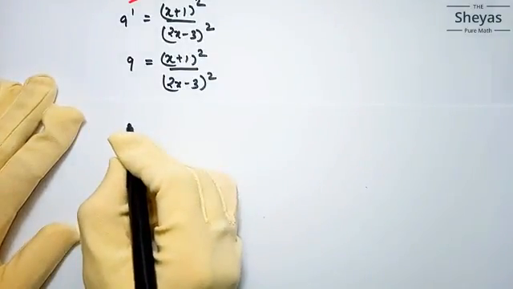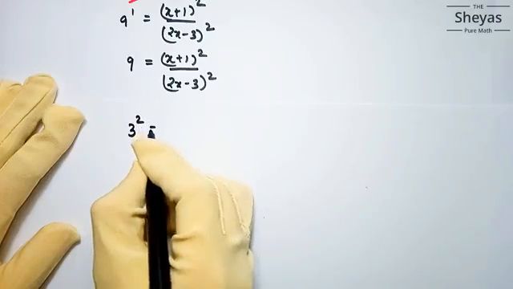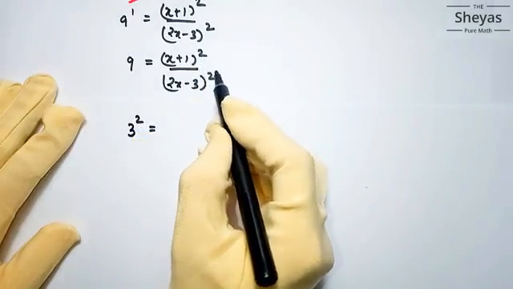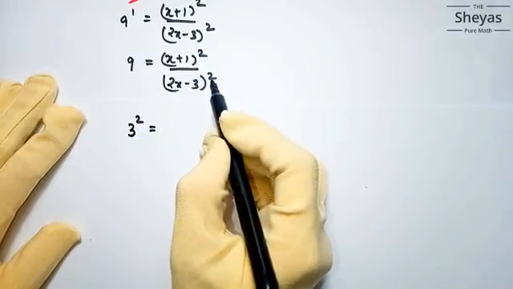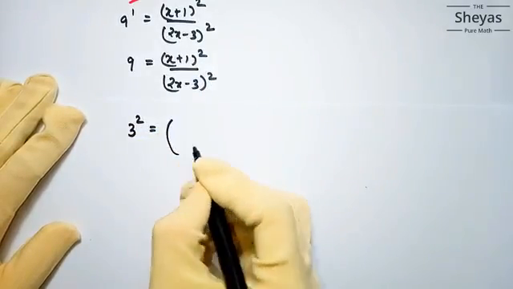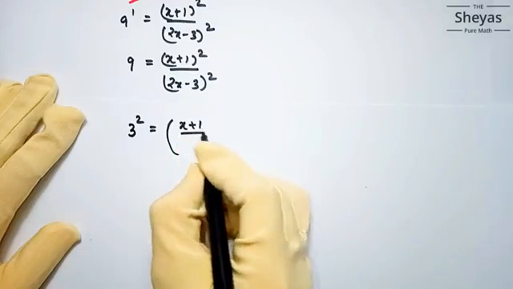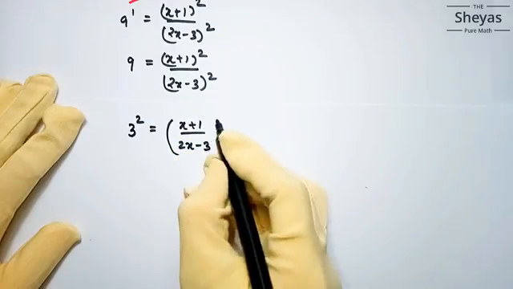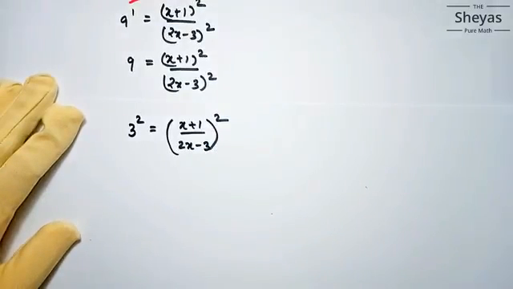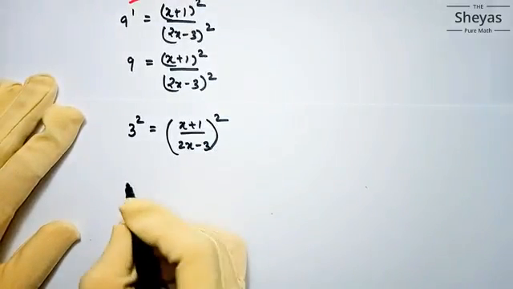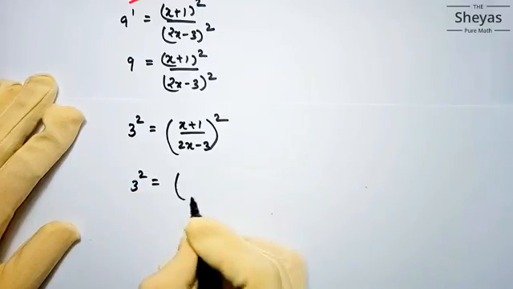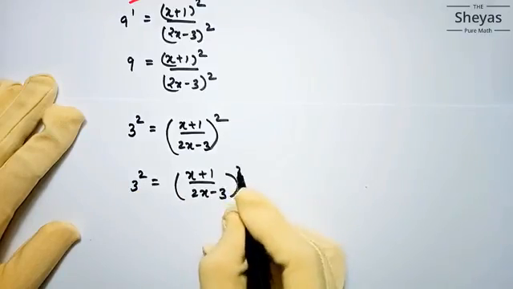This 9 can be written as 3 square, and this is also squared here and here, so I am writing in a single square: 3 square is equal to (x plus 1 by 2x minus 3) the whole square.